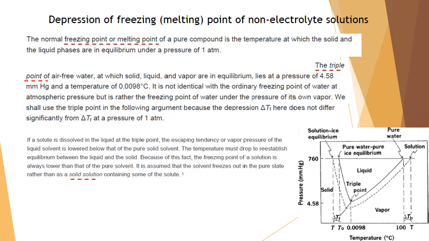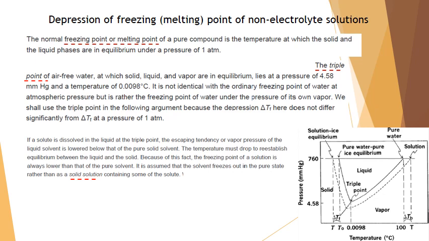Now, most substances exist in different states of matter. For example, water can exist in vapor, liquid or solid states. There is a point at which all these states exist in equilibrium, and this temperature at which all the phases exist in equilibrium is termed the triple point, as you can see in the figure.